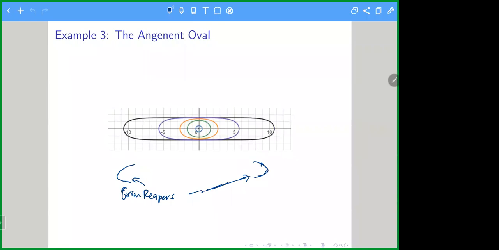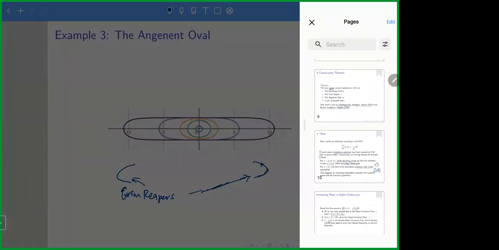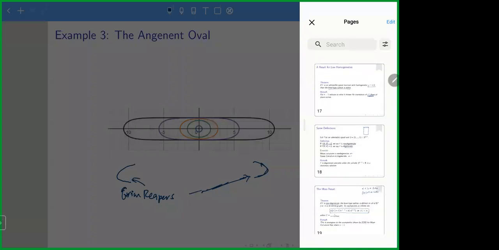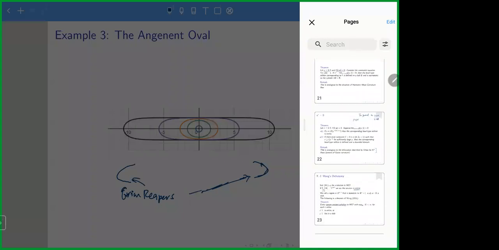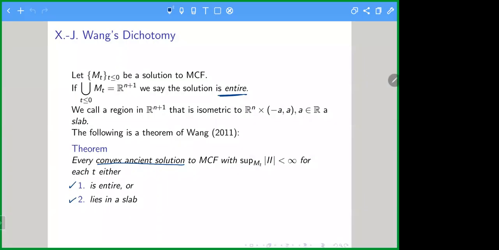And the stationary line, you should take a pair of stationary lines in order for them to bound a convex body, and still again, the solution lies in a strip. Wang was able to show this in higher dimensions as well. If you have mean curvature flow and convex ancient solutions, then they always fall into these two types.